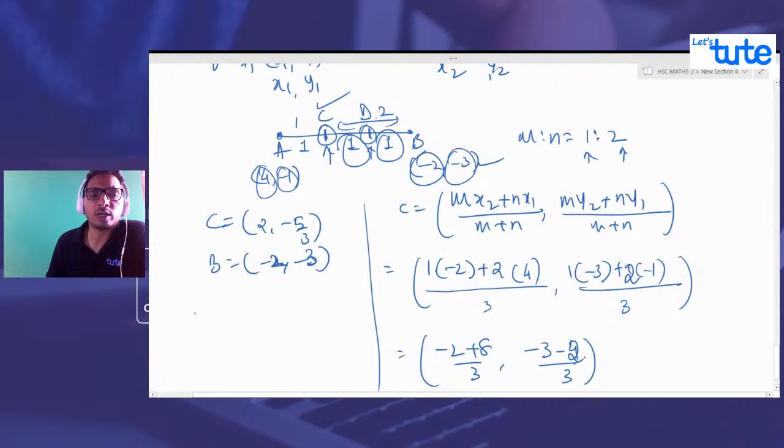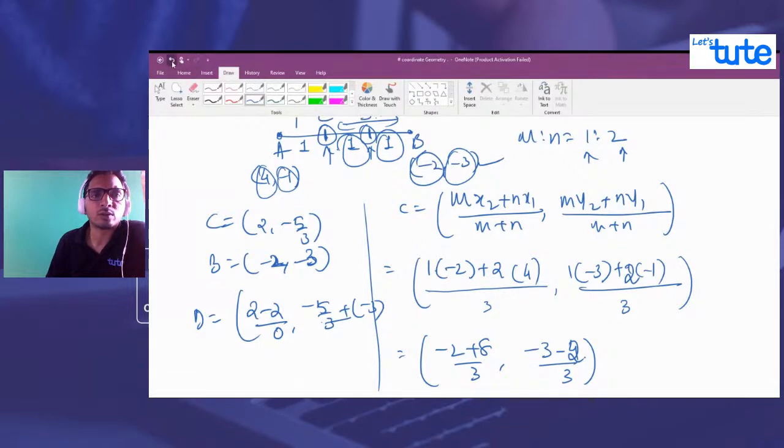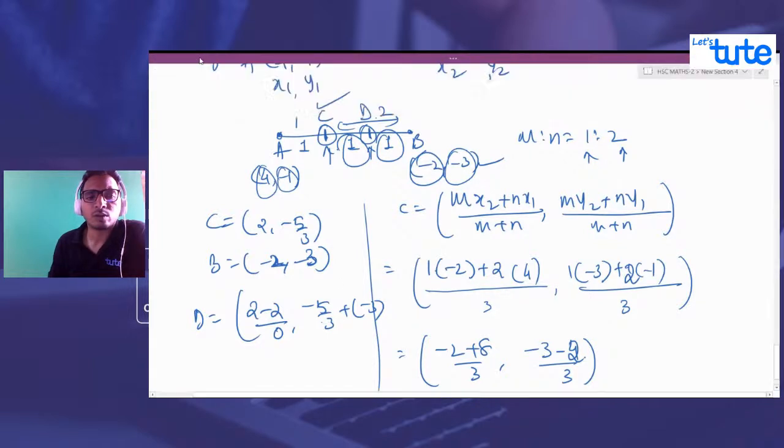So the point D would be x1 plus x2, that is 2, -2, upon comma y1 plus y2 upon... why did I take 0 here?